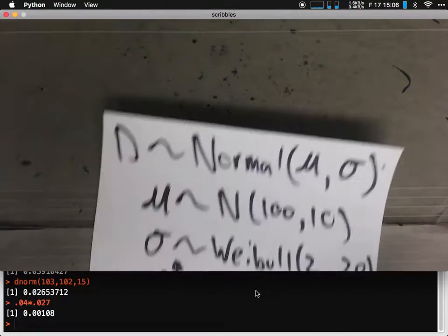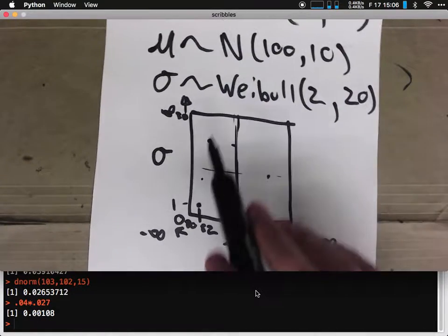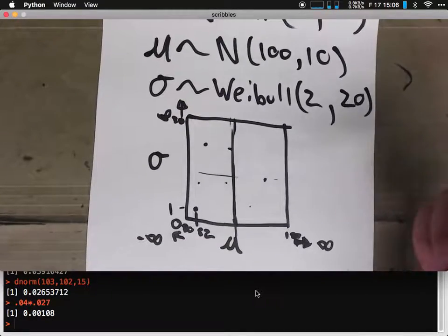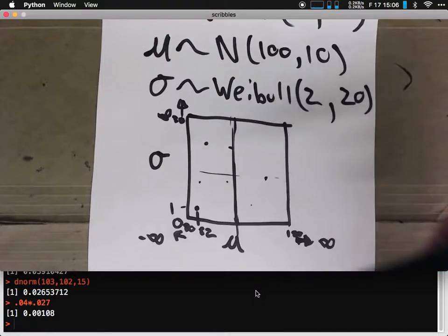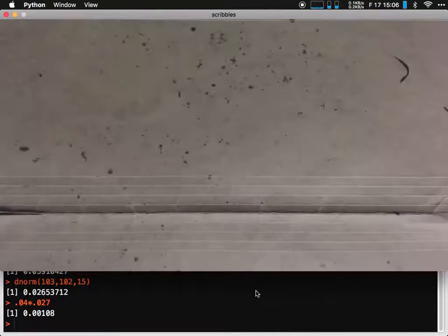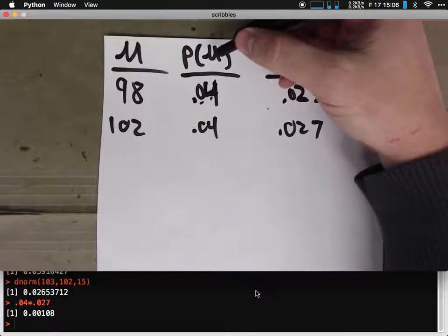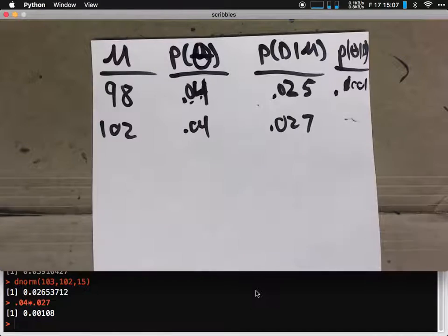You choose a point which establishes your guess for what the mu and sigma are. You establish, okay, given that mu and sigma, what is the height of the surface here in our prior? We're no longer talking about the prior on mu, we're talking about the prior on theta, which is the combination of the guess for both mu and sigma.